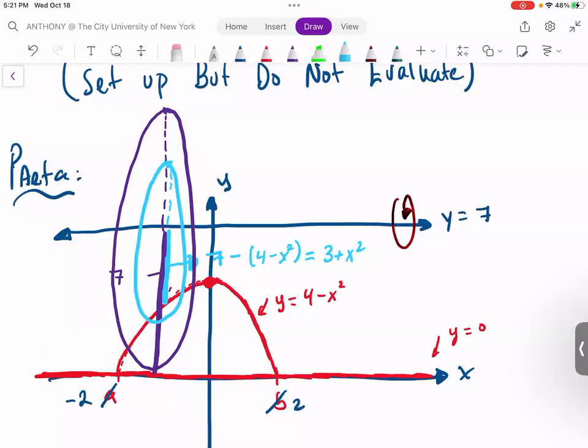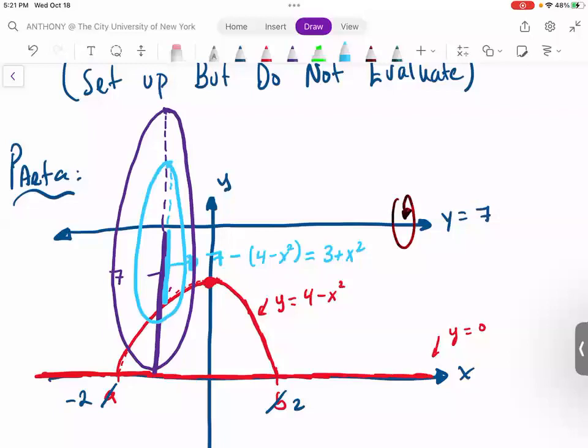What I did was I looked at the distance between the two horizontal lines, y equals 7 and y equals 0. That distance is 7. Then I look at the distance between y equals 7 and y equals 4 minus x squared. That distance will be 7 minus (4 minus x squared), right? One function minus another. If you distribute the negative sign inside the parentheses, you would get 7 minus 4 plus x squared, which is just 3 plus x squared.